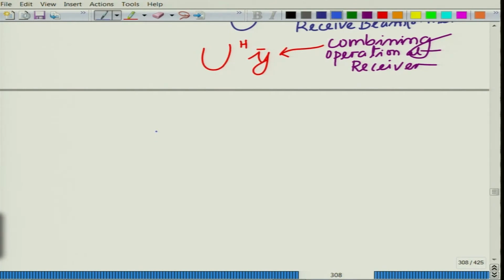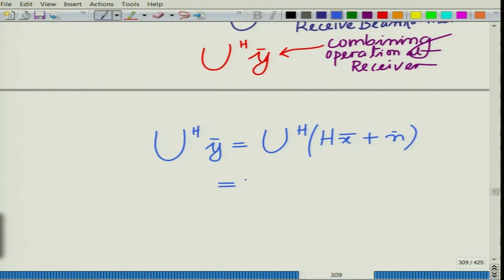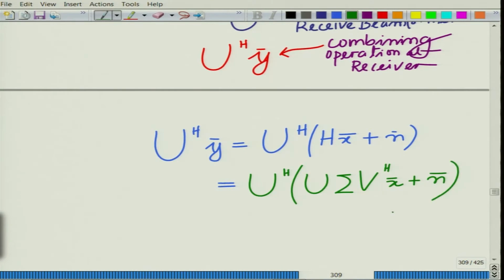Therefore, now once you use this in the MIMO model, you have U Hermitian Y bar equals U Hermitian H x bar plus n bar. Now, substitute for H equals U sigma V Hermitian. So, this is U Hermitian U sigma V Hermitian x bar plus n bar.